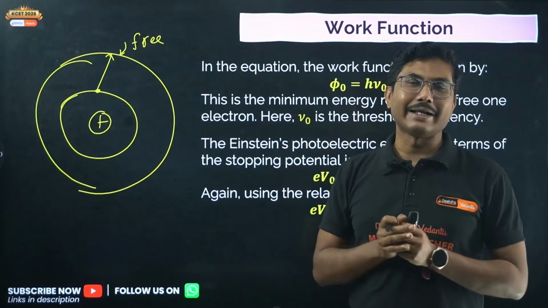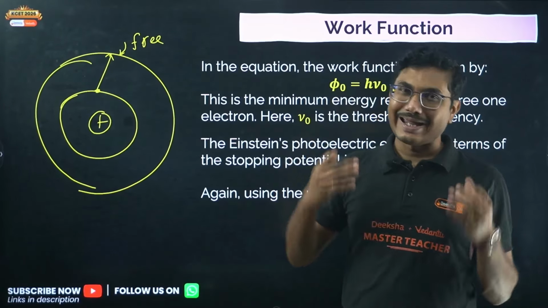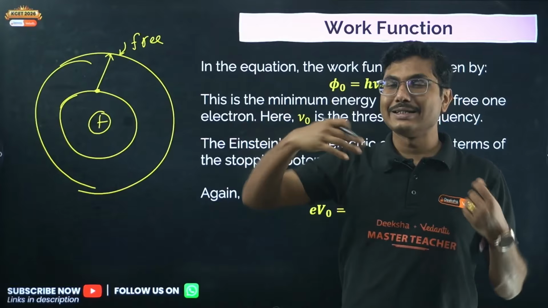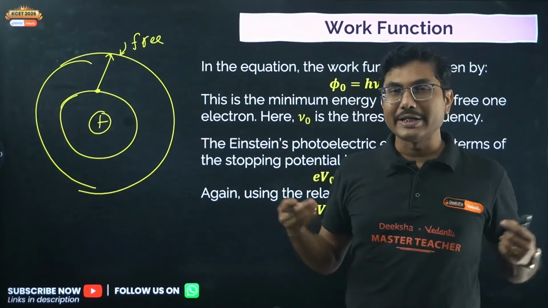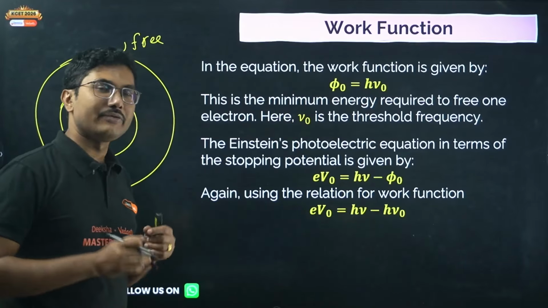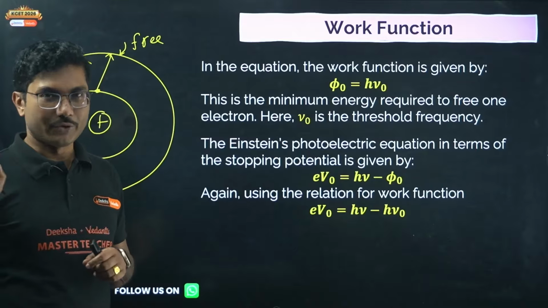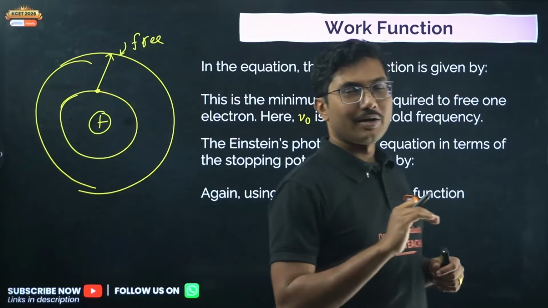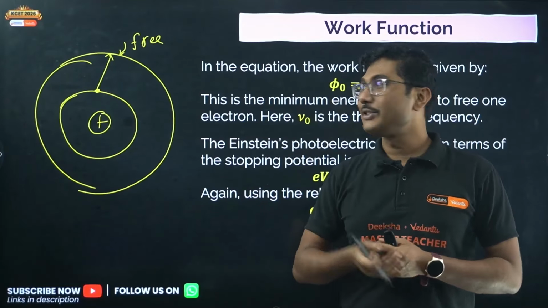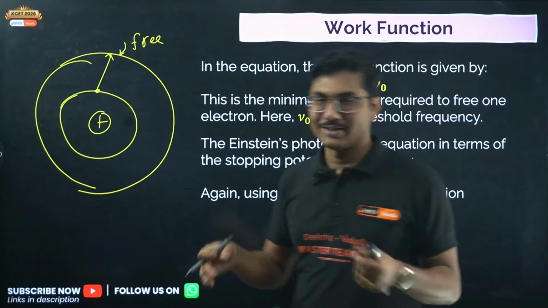It will eat the entire packet, and if it gains enough energy, it will go out. If the energy is not sufficient, it will not eat that packet at all. It will say, either you give me 1 crore rupees and I will grant you the permission, or I will not take a single rupee.